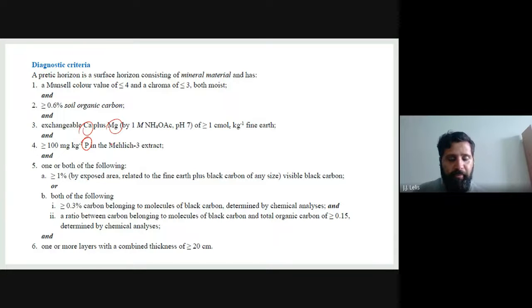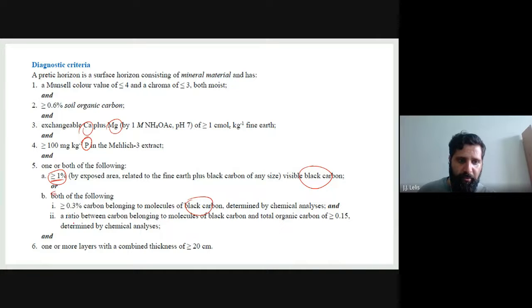Okay? We also should present at least 1% of visible black carbon, because the coal is very common. Or we should present any kind of carbon that is related to black carbon, that we can see, like ash there, okay?